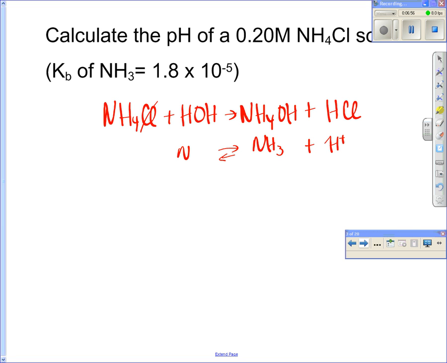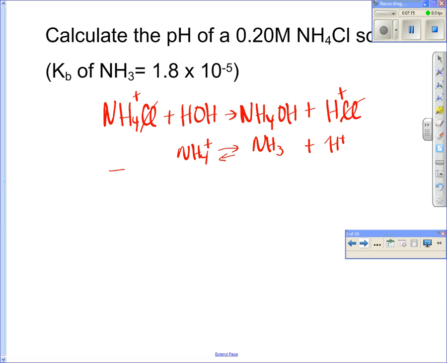And so the actual reaction is just this: NH4+ comes from NH3 plus H+, or you could have written NH4+ plus HOH yields NH4OH plus H+. Either one of those reactions will be your net ionic.